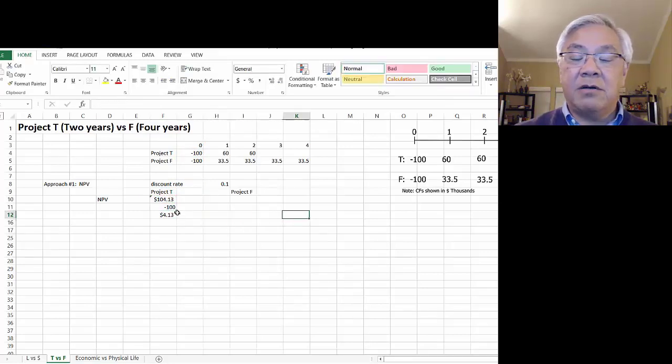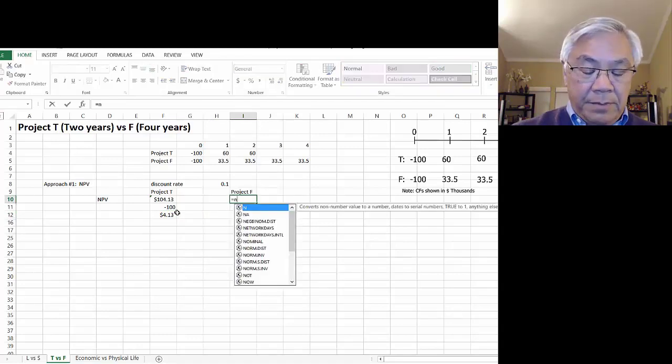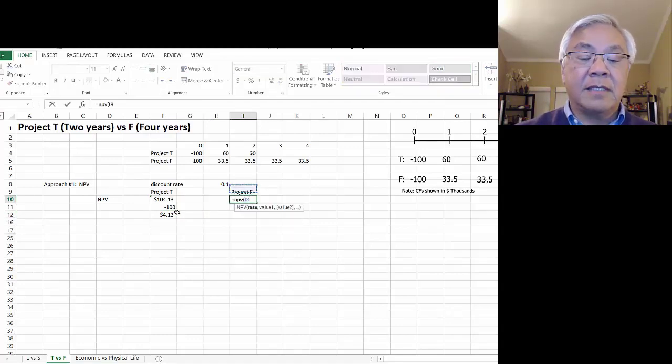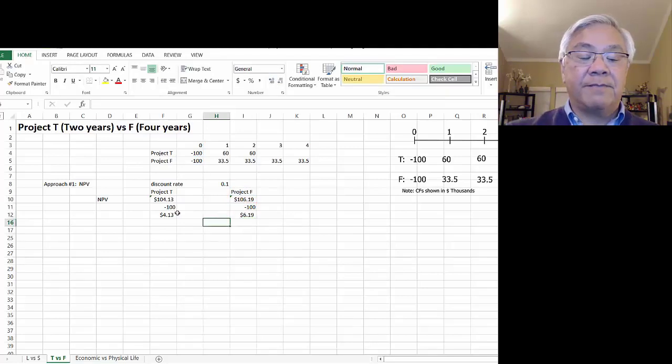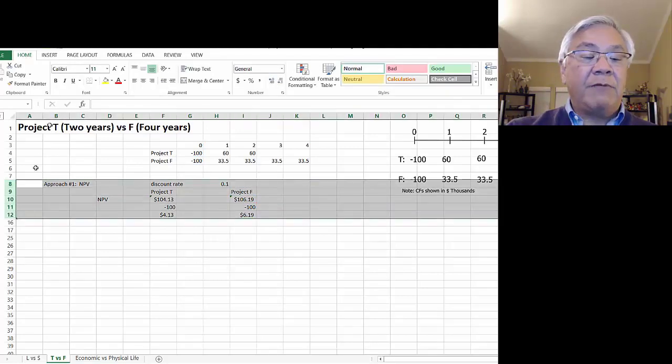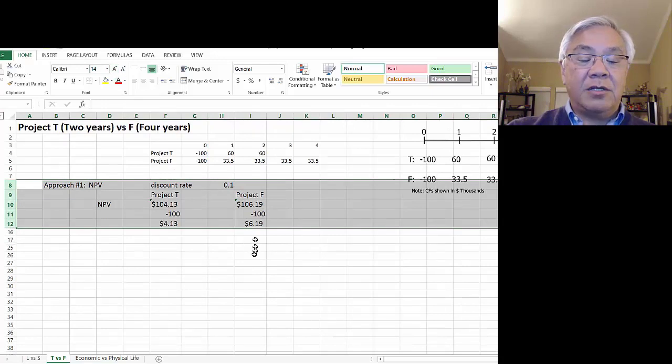All right, so let's go out to F: equals NPV, open parens, 10%, comma, years 1 through 4, close parens. We have an outlay of $100, so we make $6. So here we would say, well, I'd rather have $6 than 4, so that's a no-brainer.